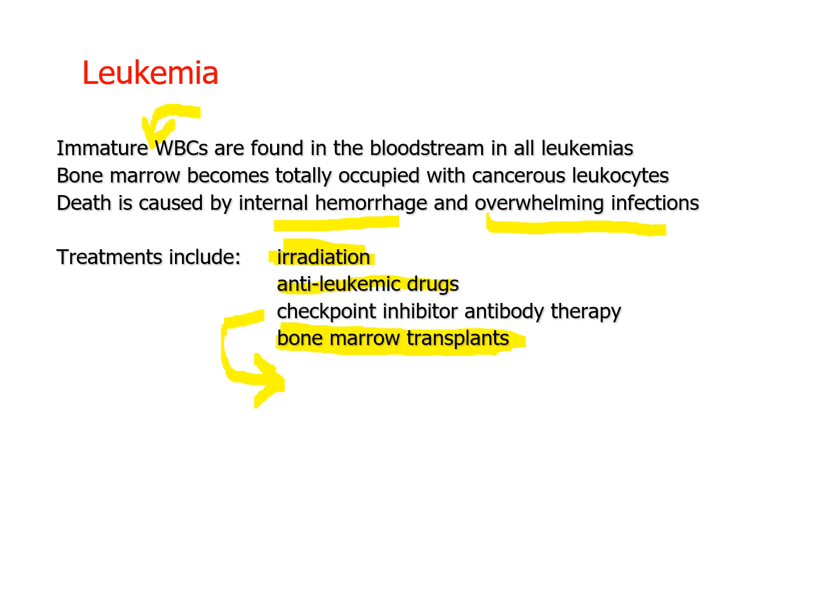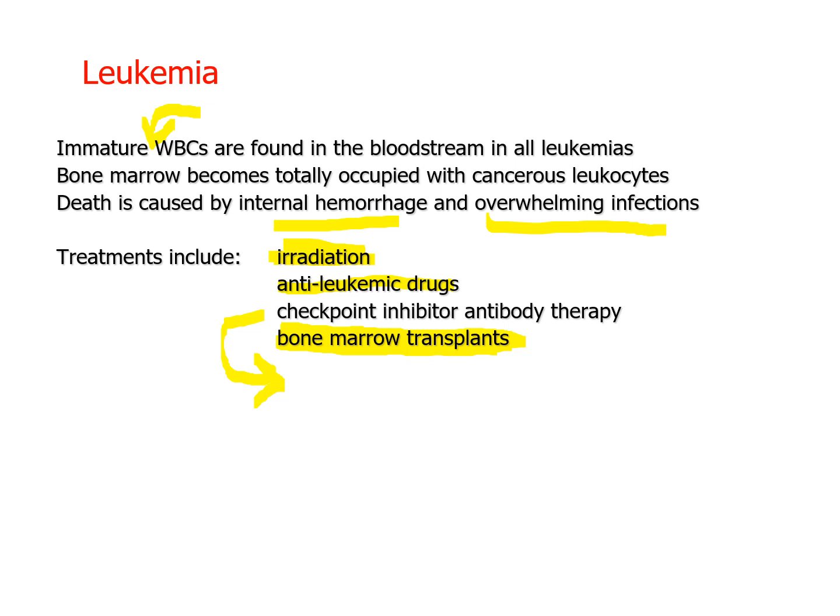And then, and I should have put it below, just because it's the most recent development, checkpoint inhibitor monoclonal antibody therapy. This is tremendously innovative, effective, and has a low level of toxicity associated with it.